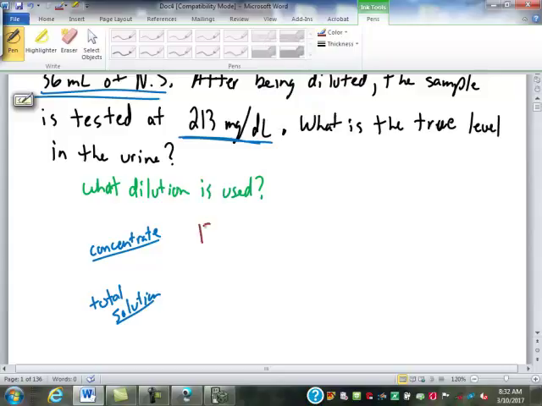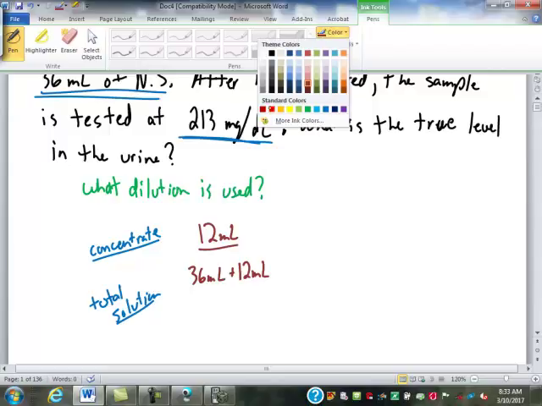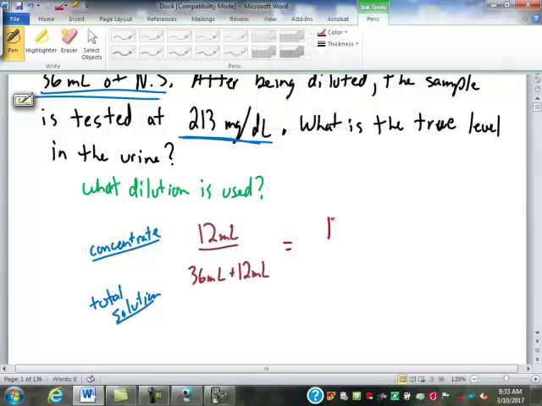So we will use the 12 milliliters for the concentrate, the urine, but the 36 milliliters of water is not the total solution. We have to add that to the 12 milliliters of the urine. So our ratio for our dilution is the 12 milliliters to 48 milliliters total.